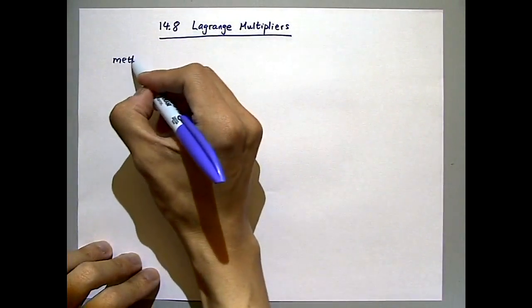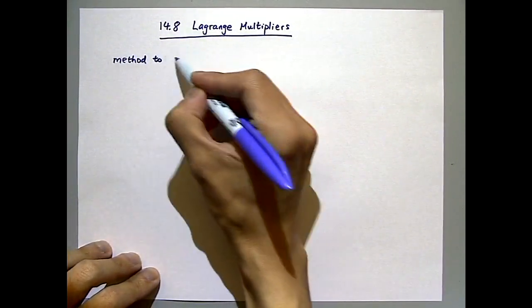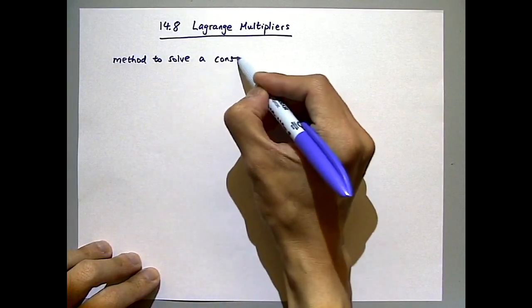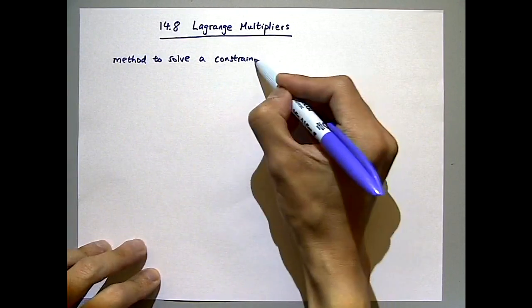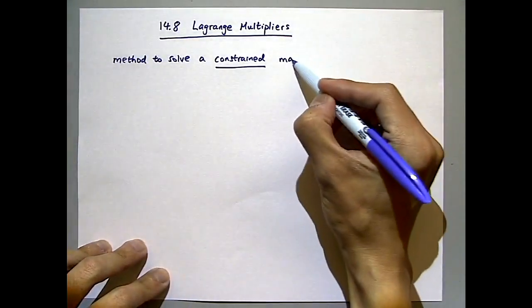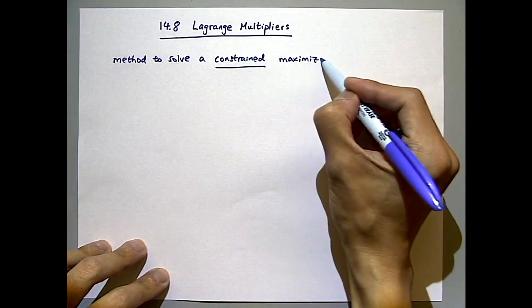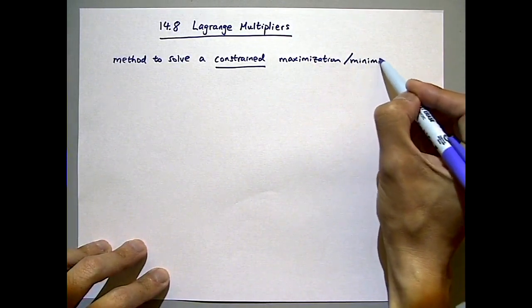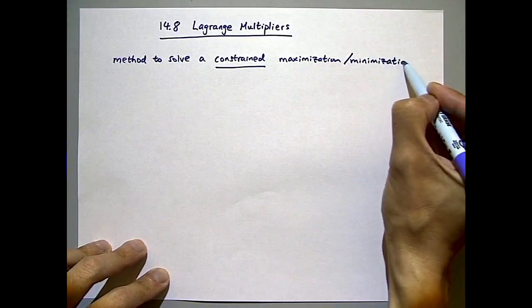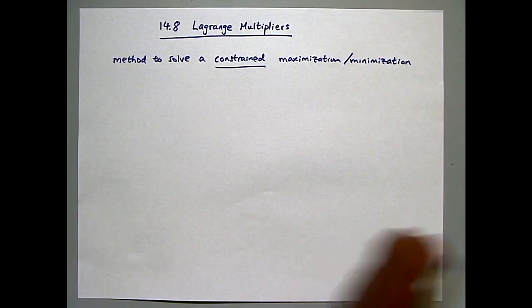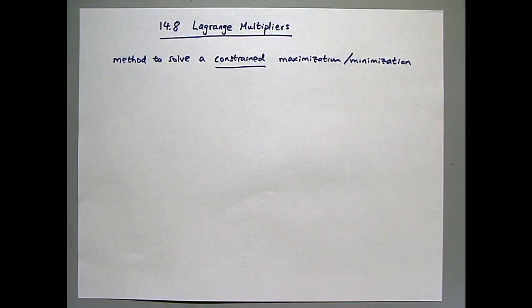This is a method to solve a constrained maximization or minimization. Okay, so we're still looking for the biggest and smallest of something, but this time there is a constraint attached to it.